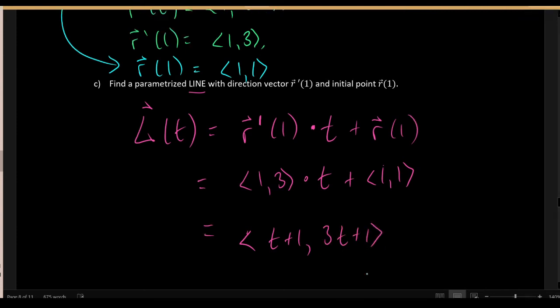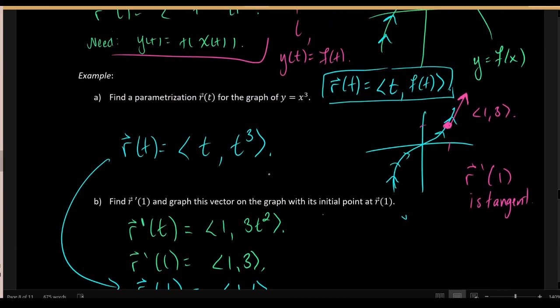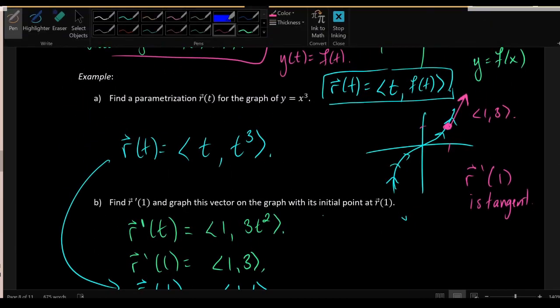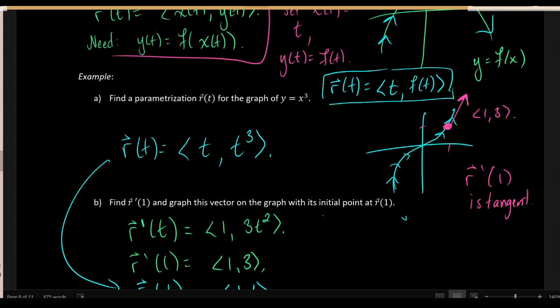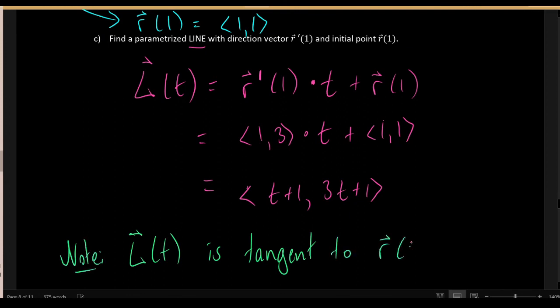And if we graph this line together with the function y equals x cubed, we can see that this line is actually tangent to the curve at that point. So L of t is tangent to r of t at t equals 1.